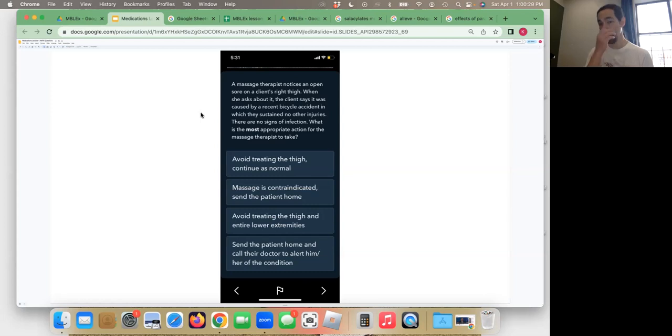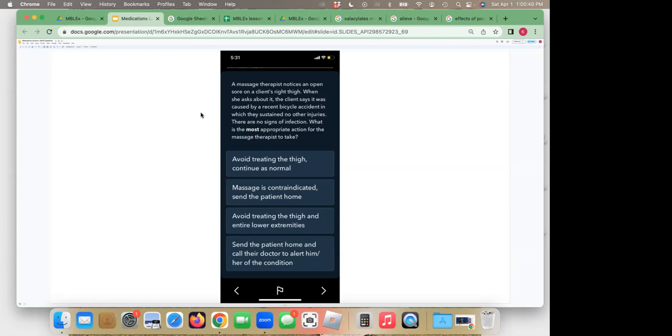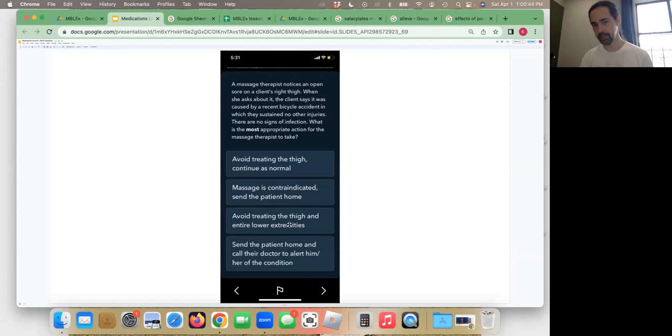Avoid treating the thigh and the lower extremities, so both legs. Send the patient home and call their doctor to alert him or her of the condition. A, yes. Did anyone select C, avoid treating the thigh and entire lower extremities? Great, good.